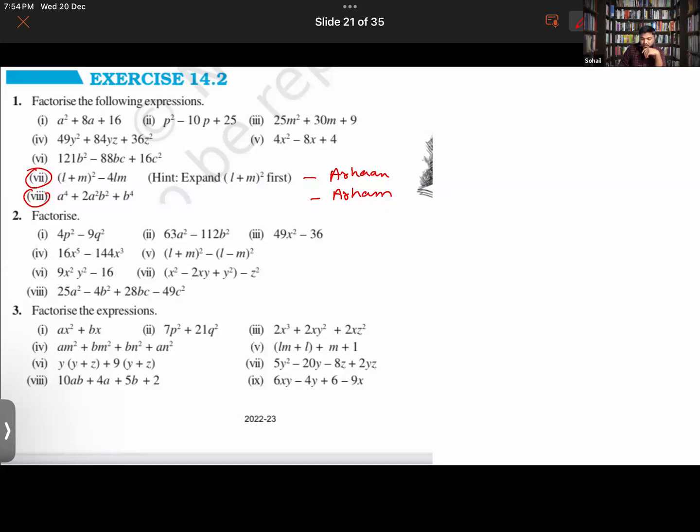We know that you can write x raised to the exponent 8 as what? You can write it like this. You can also write it like this.